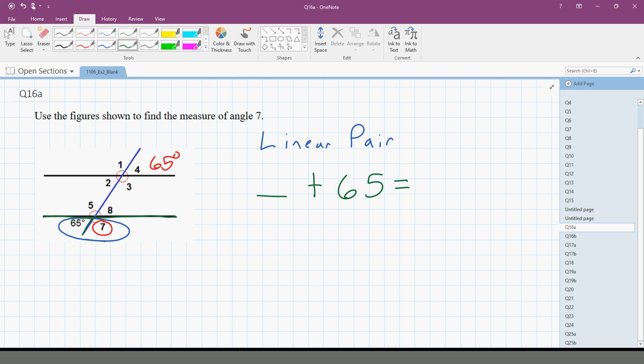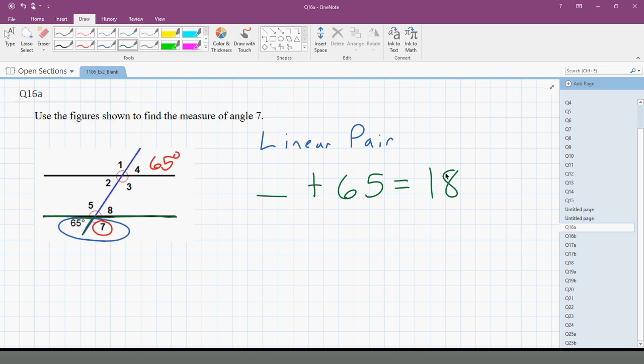They're a straight line. How many degrees is a straight line? I'll give you a hint. It's the same idea as supplementary. 180.